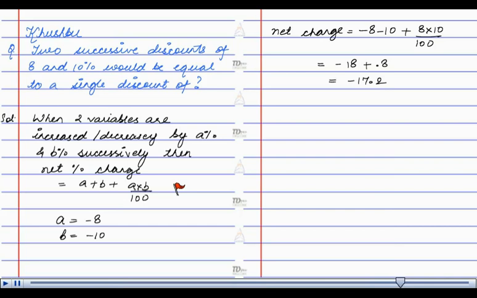That implies a net discount of 17.2%. This is the required solution. Thank you.